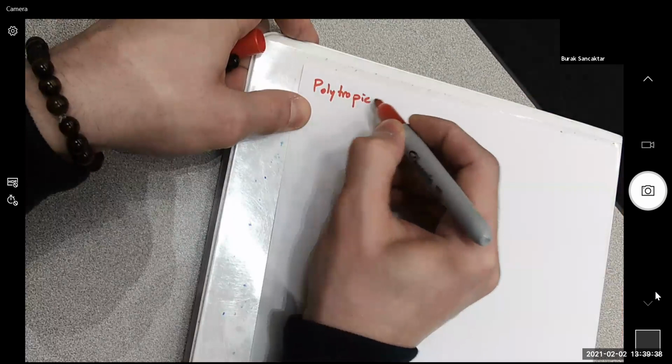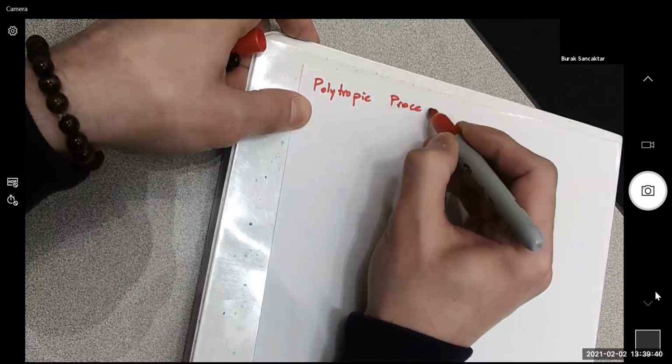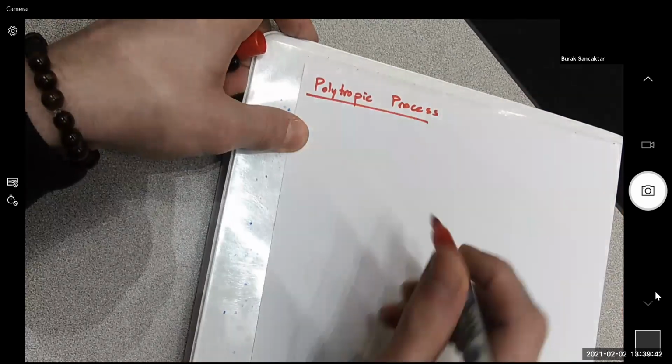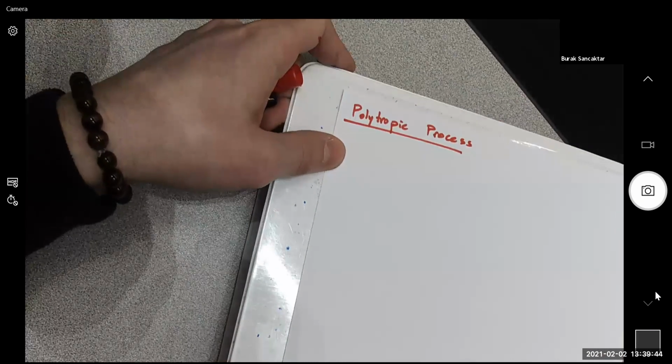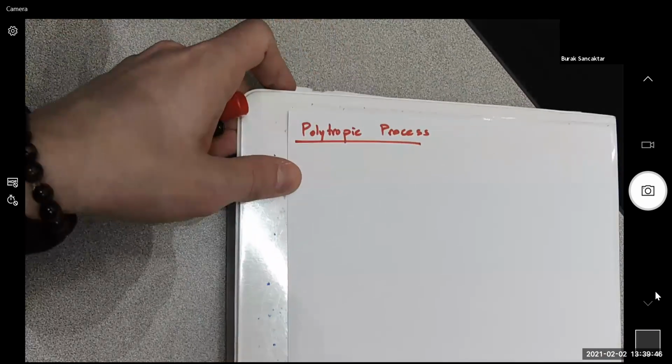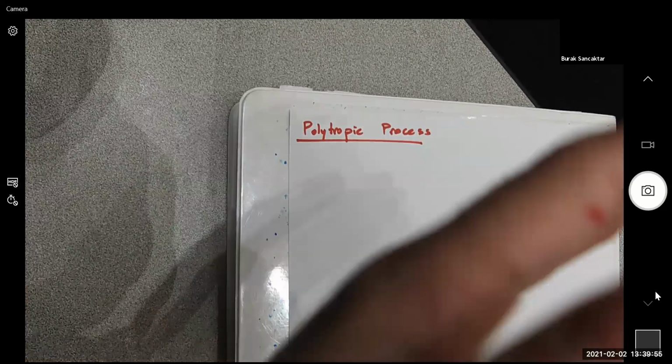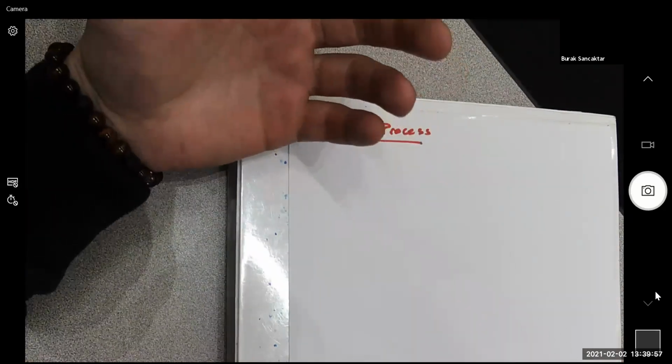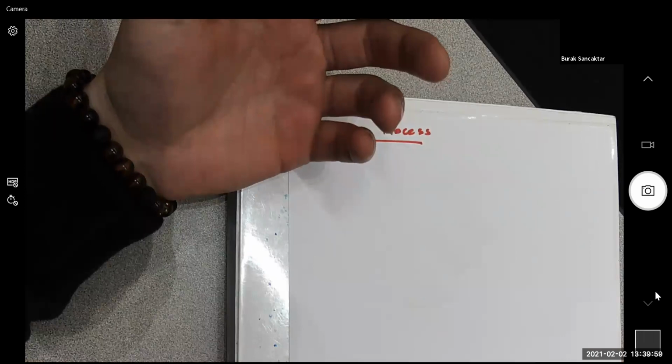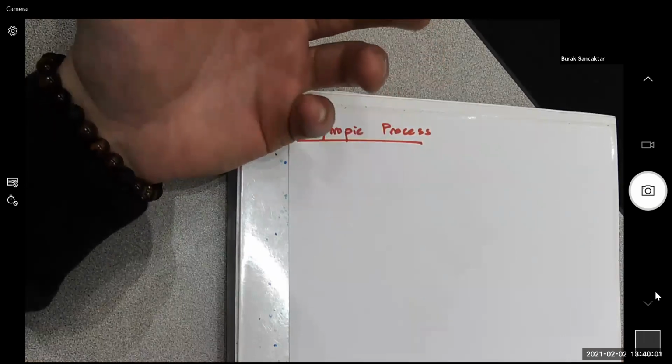Polytropic process. The relationship we defined and was given in the problem statement is a typical expression for a polytropic process.